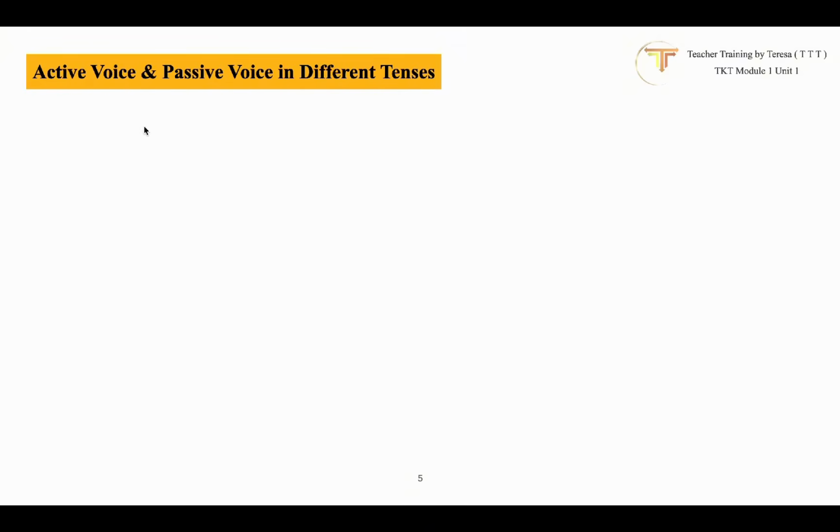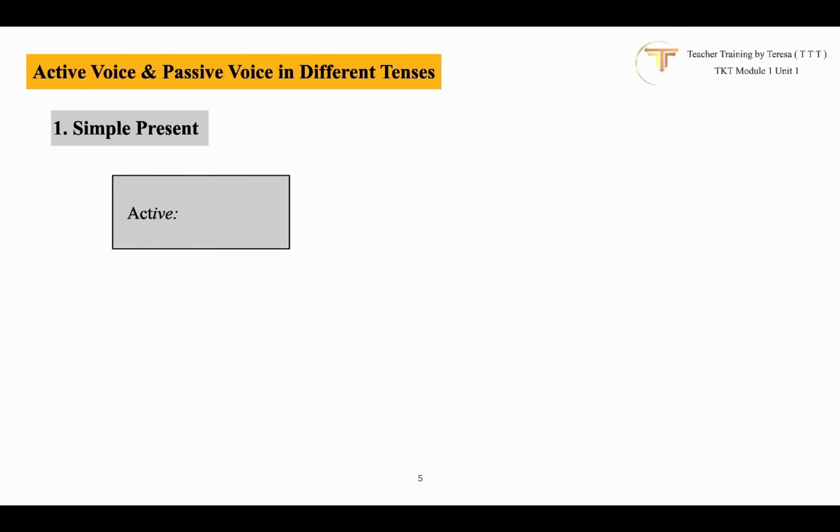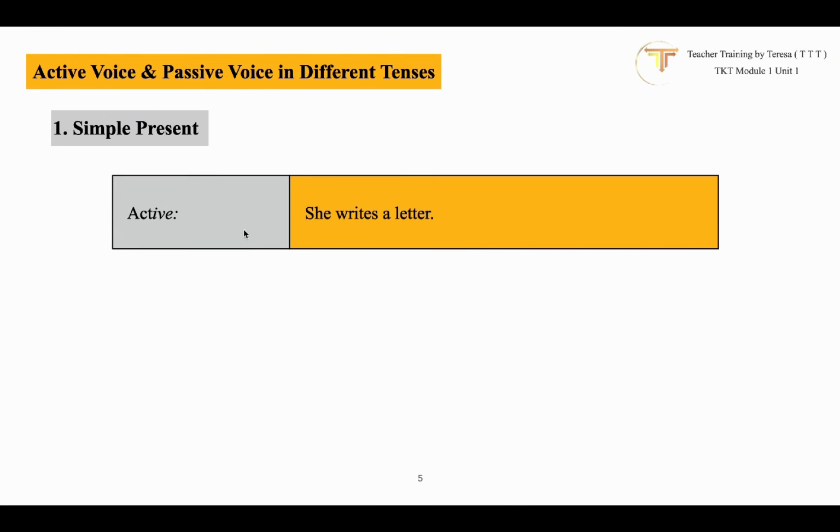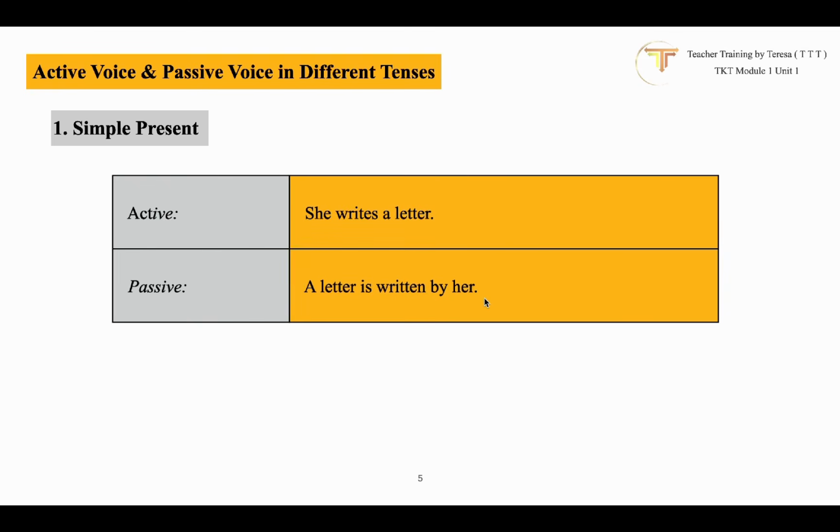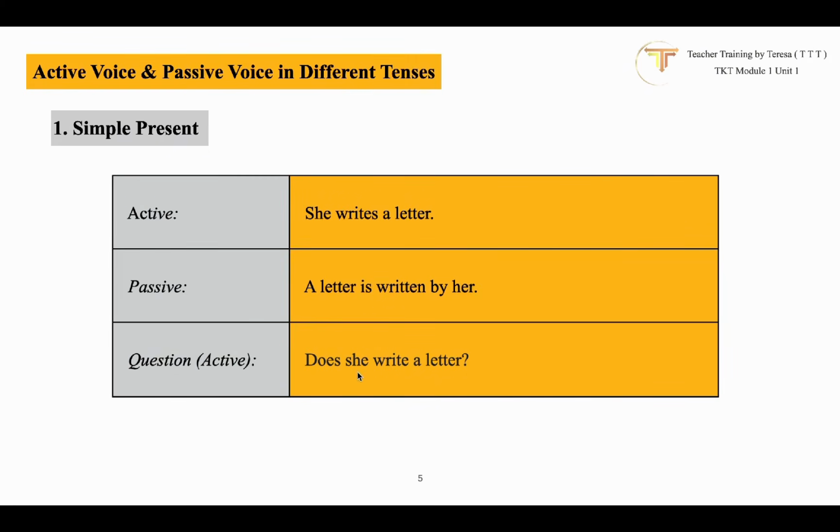Active and passive voice in different tenses. 1. Simple present. Active: She writes a letter. Passive: A letter is written by her. Question, active: Does she write a letter?